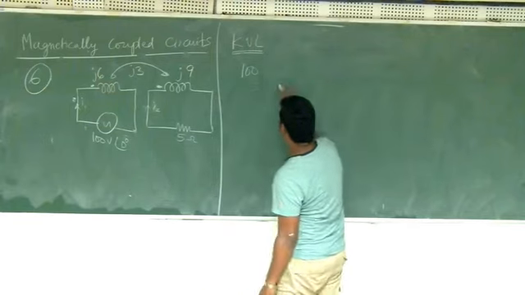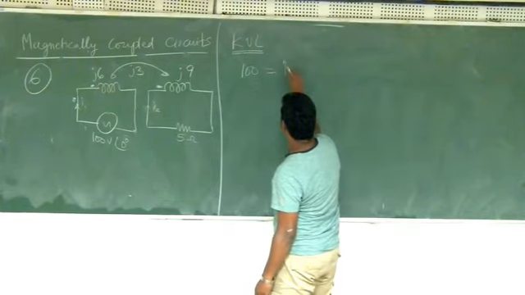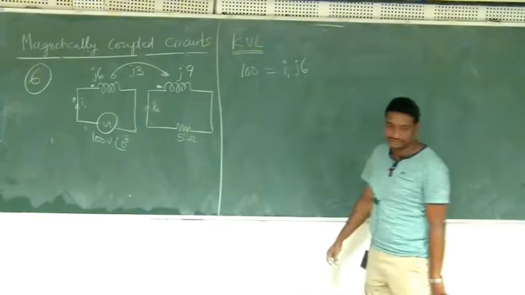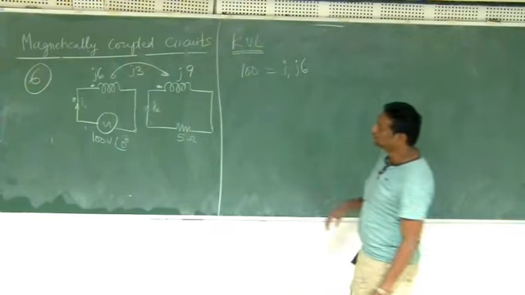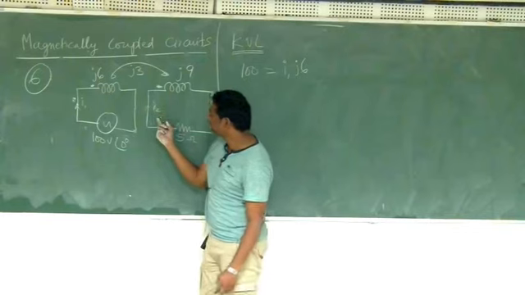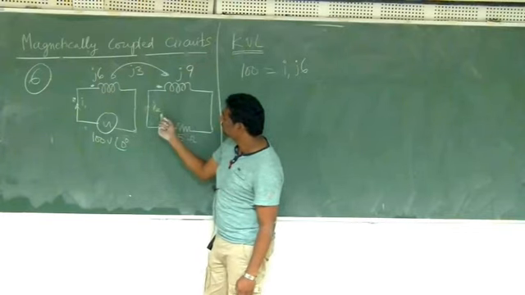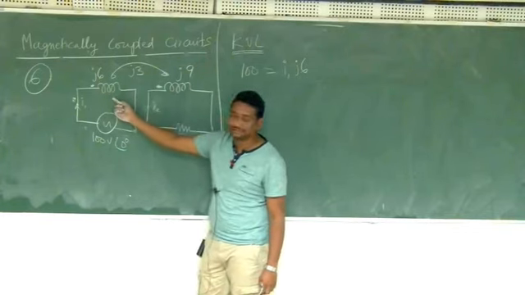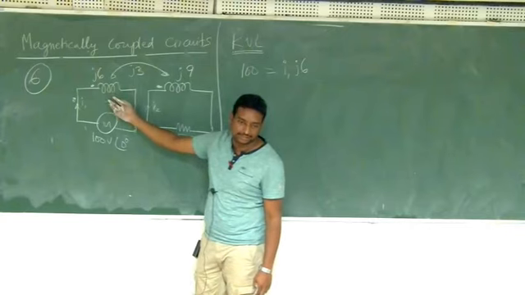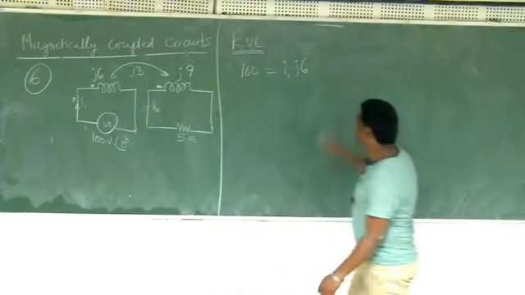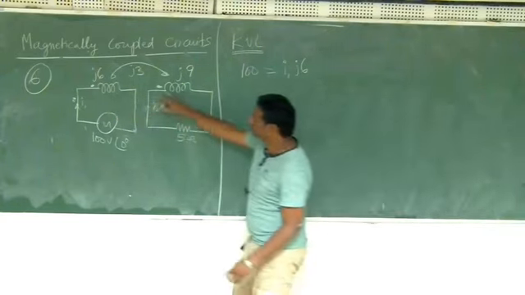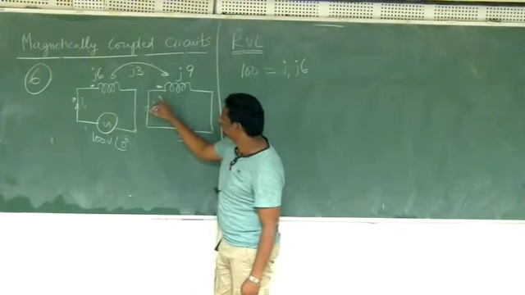So 100 is equal to I1 into J6. This is one voltage. There is another voltage. Whatever I2 is flowing in this 9, the I2 will get multiplied with J3 and then either added or subtracted from this. Here let's assume that because these two are positive, the voltage will be positive.